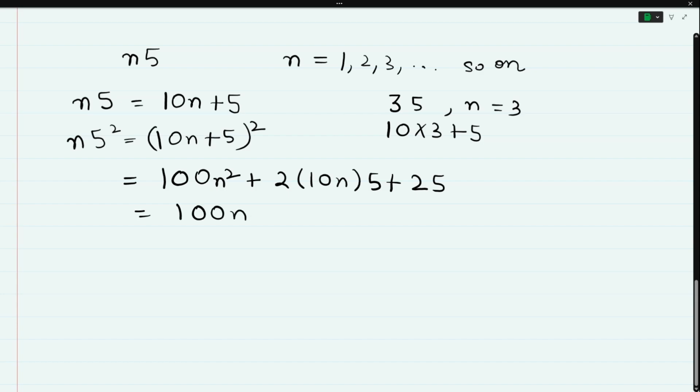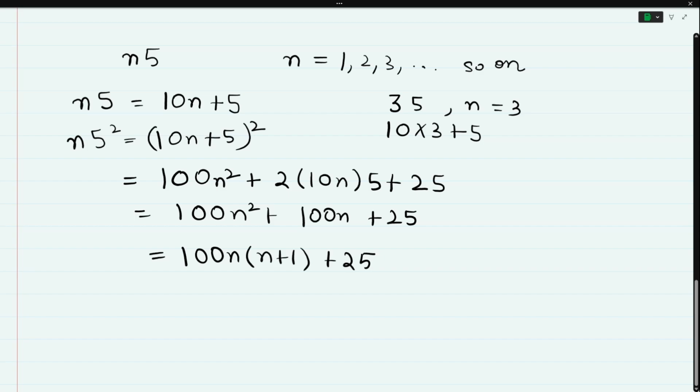We get 100n squared plus 100n plus 25. Taking 100n common, we get 100n times (n plus 1) plus 25. That's the formula behind it. This is the 25 we usually add at the end, and this is the n and n plus 1 we multiply it with.